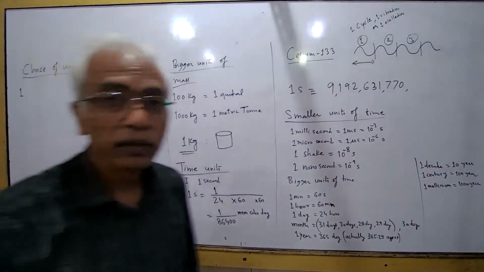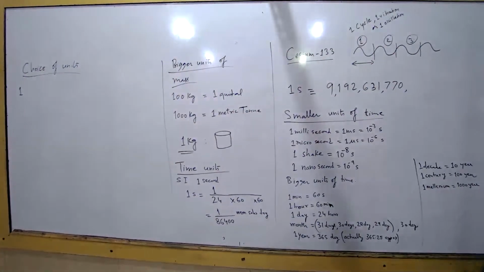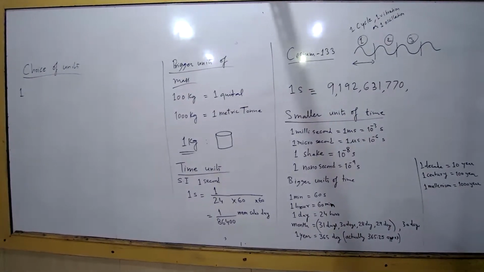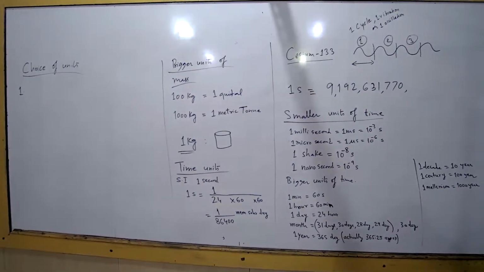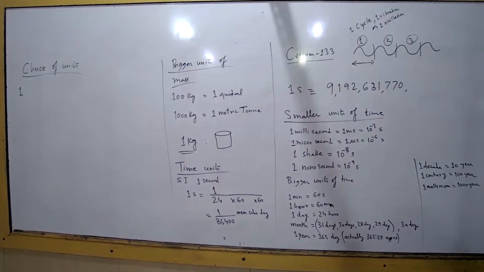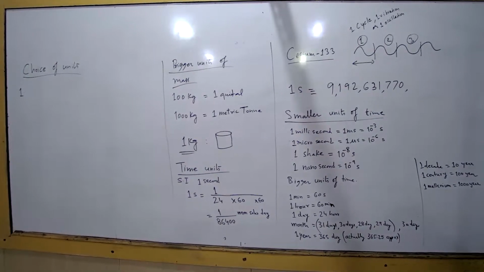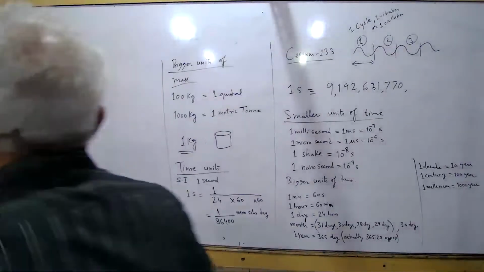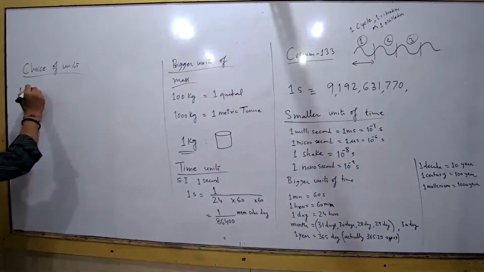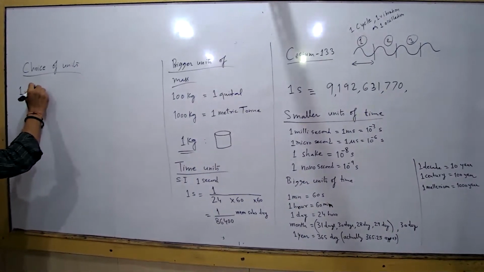It should be easily available, right? Like your scale, your measuring instrument, it should be easily available in the market. Easily available means the unit should be reproducible. First of all, it should be of convenient size.